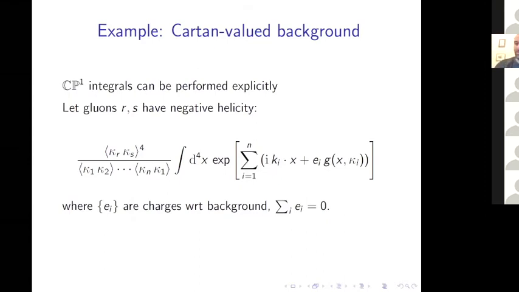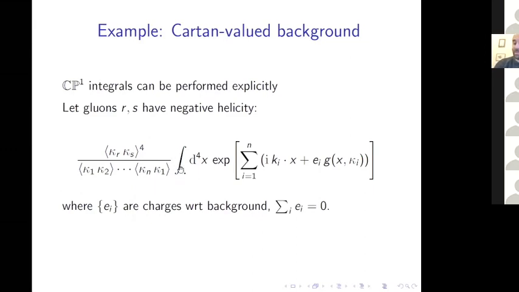Now, you might say that looked like a pretty abstract formula. What are these holomorphic frames doing? It turns out if you take specific examples, like the example we gave earlier of a Cartan-valued background, you can be very explicit about what the formula is. You can do all of the CP1 integrals and really boil it down to a momentum space expression. You get the usual Parke-Taylor factor that I showed you at the very beginning of the talk in front.